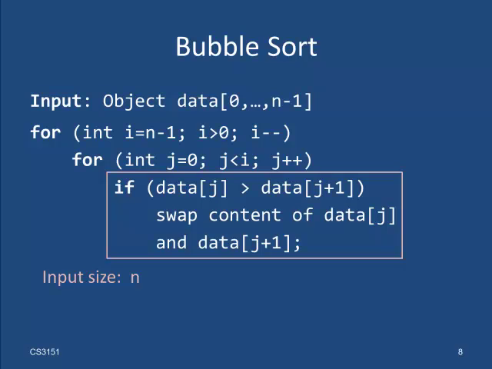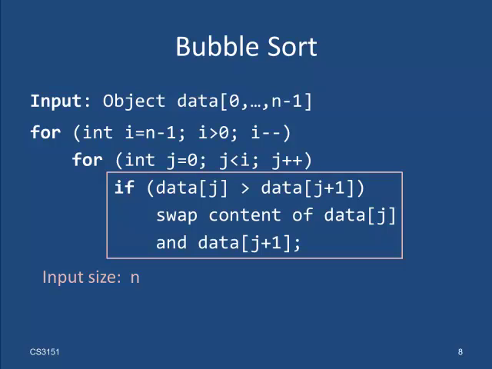So in the first iteration of the outer for loop, the if statement is executed n-1 times. In the next iteration of the outer for loop, i is n-2, and so the if statement is executed only n-2 times. Next time, the if statement is only executed n-3 times, and so on, until the if statement is only executed once in the last iteration of the outer for loop.